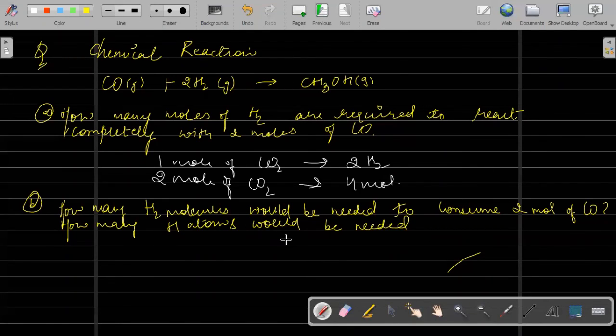How many hydrogen molecules would be needed to consume 2 moles of CO? How many moles of hydrogen would be needed? Tell me.